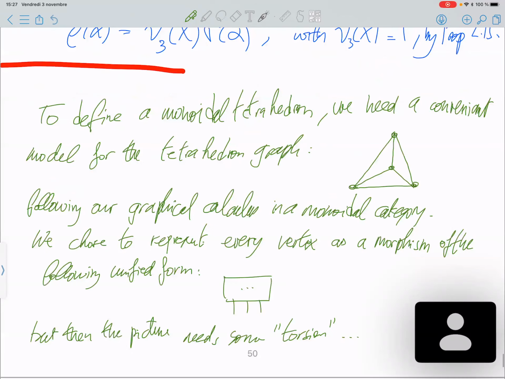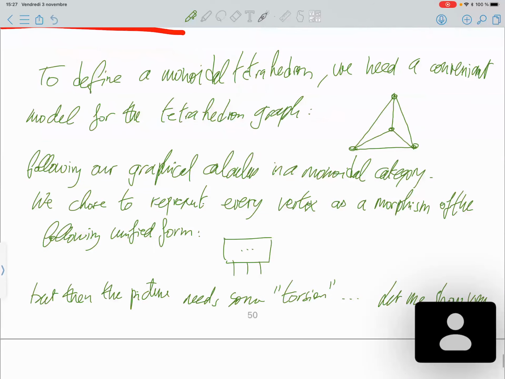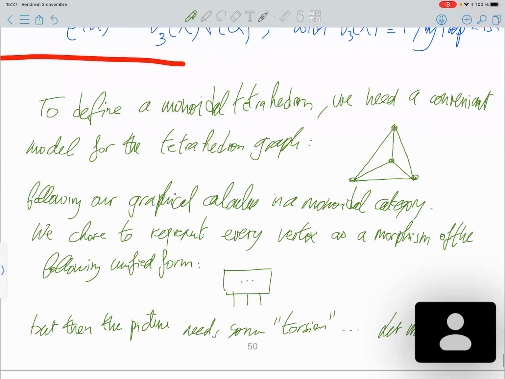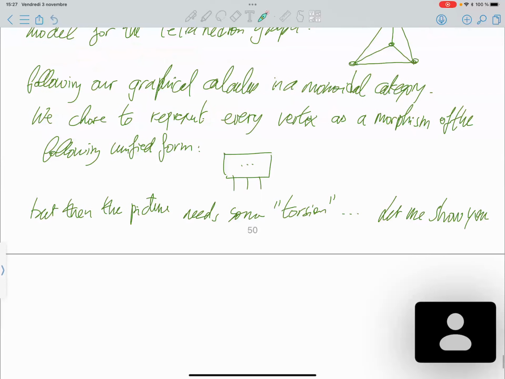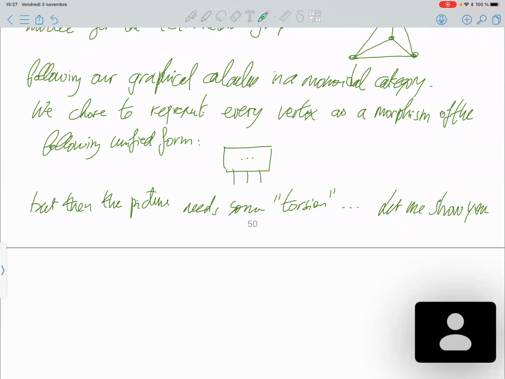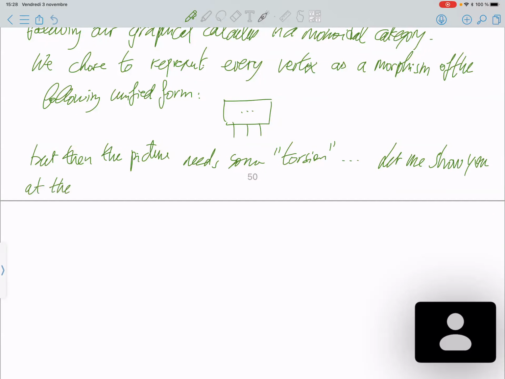Let me show you first. All this part, in fact, is not in the paper. It is just to motivate how we modelize the tetrahedron in a monoidal category. So let me show you at the graph level.